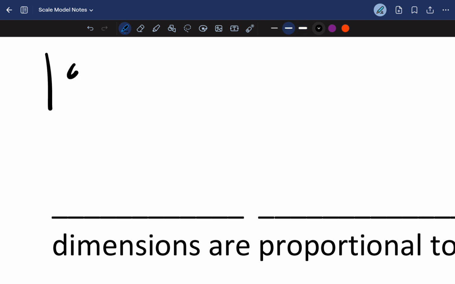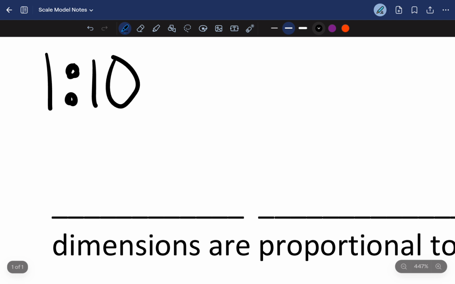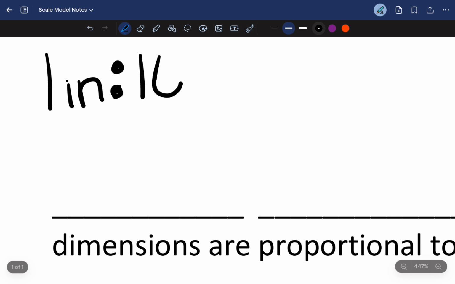So let's take this example right here of 1 to 10. The 1 in our ratio represents the number in the drawing. So I'm going to say 1 inch. And ratios can be written with colons, as we know. So 1 inch to 10 feet.